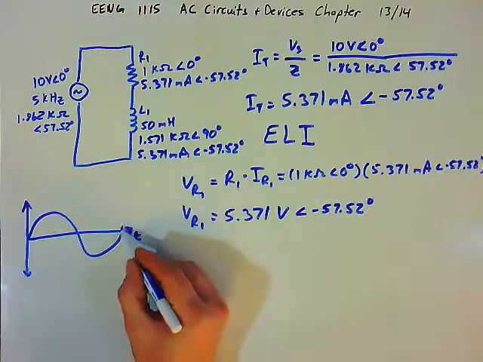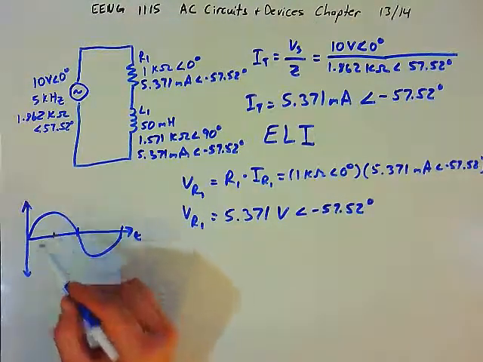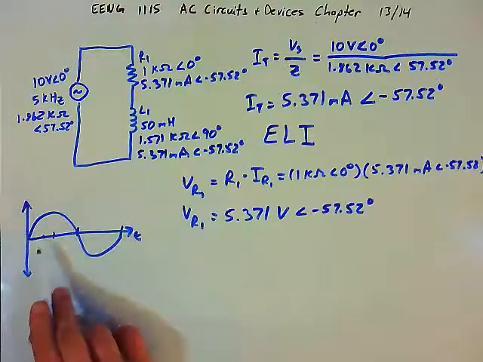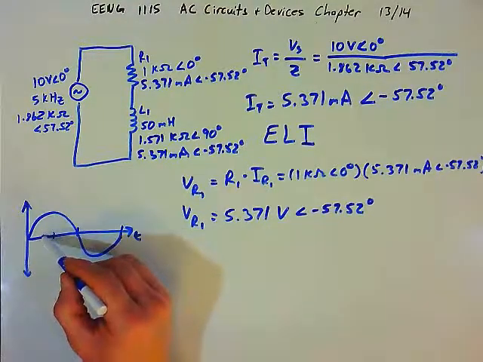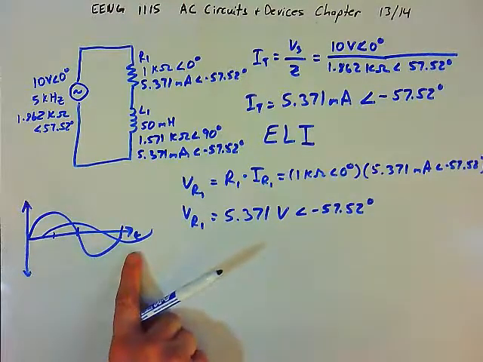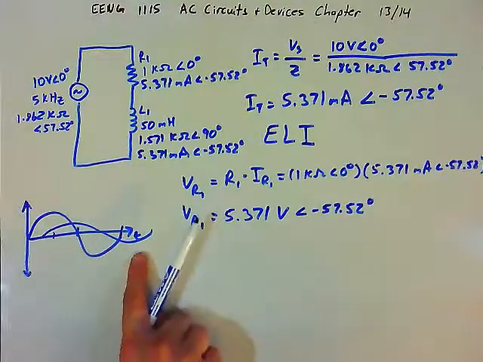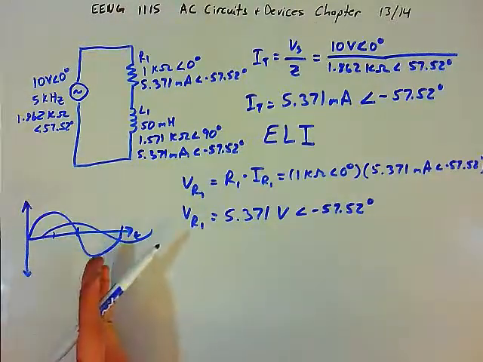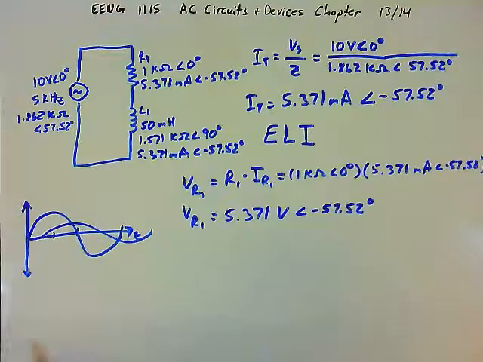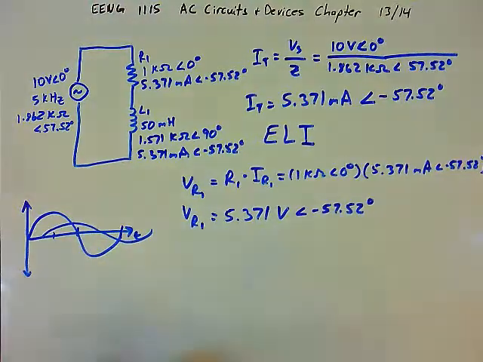And so remember, this is 360 total degrees, this is 180, 90 is right here somewhere, 57.52 is about right here somewhere, and so what we're going to see is the voltage drop on the resistor is going to be out of phase with the source voltage. The voltage drop on the resistor is out of phase by 57.52 degrees. It's out of phase by that amount with the source voltage.